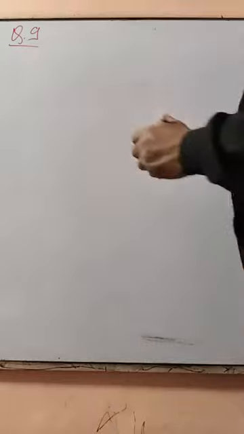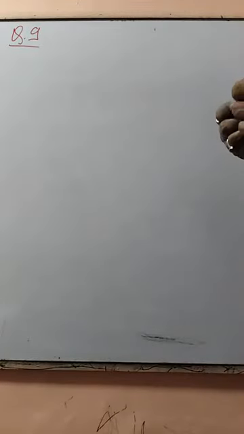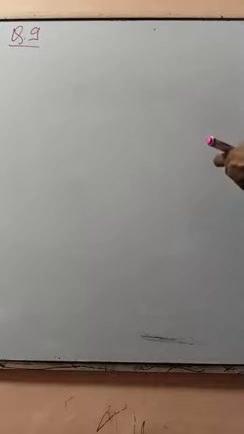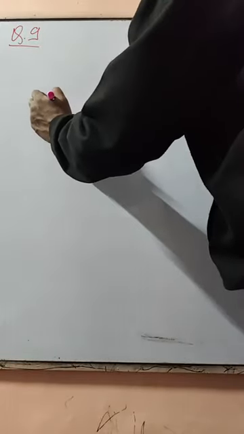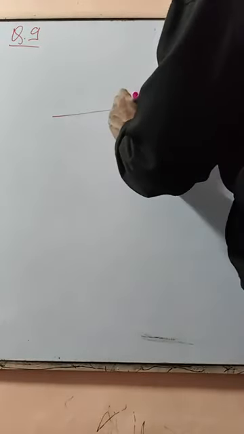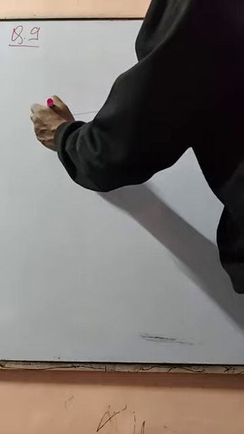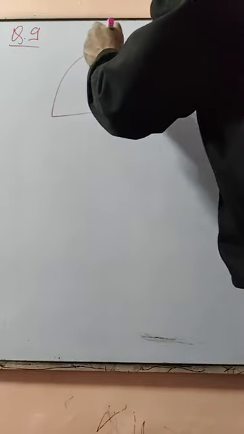The area of trapezium, I told you how to find out. You tell me the question. What is your question number? Question number 9. It is a semicircle like this.